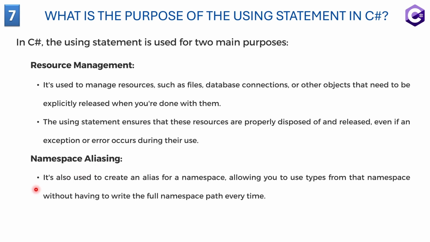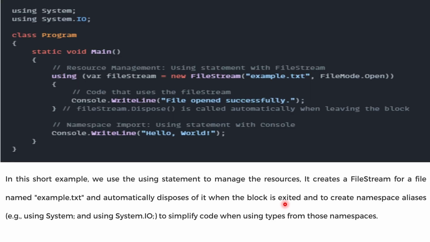Namespace aliasing is used to create an alias for a namespace, allowing you to use types from the namespace without having to write the full namespace path every time. So these are basically the two uses of using in your C#. I will explain in an example. Here you are seeing using System and using System.IO on the top.